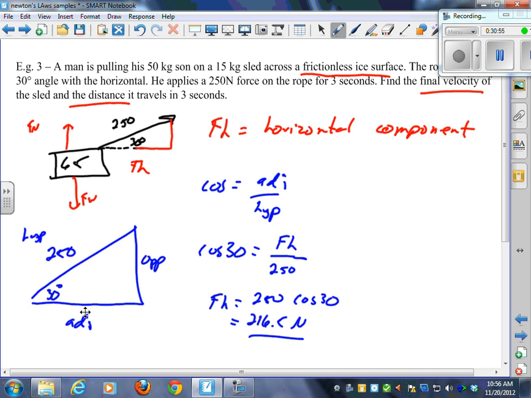So is it always going to be cosine? Absolutely. So is there some way that I could rearrange this? How about I take this formula and I say cosine theta, like for any angle, is equal to, if the adjacent is always the horizontal component, and the hypotenuse is always, shall we just say, F, then what is FH always going to equal?